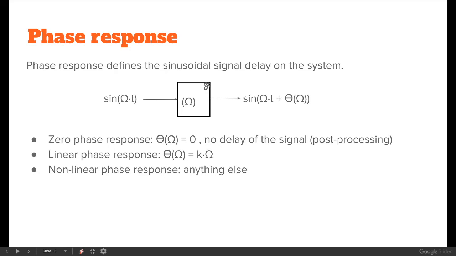If we have this kind of linear phase response system, then sine of omega t plus theta of omega is sine of omega t plus k times omega, which is the same as sine of omega times t plus k.